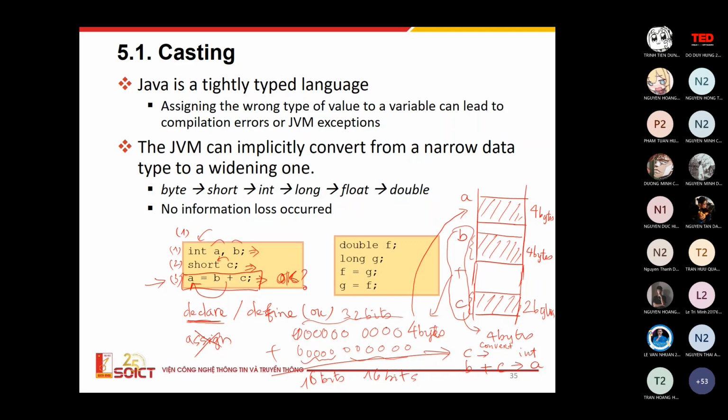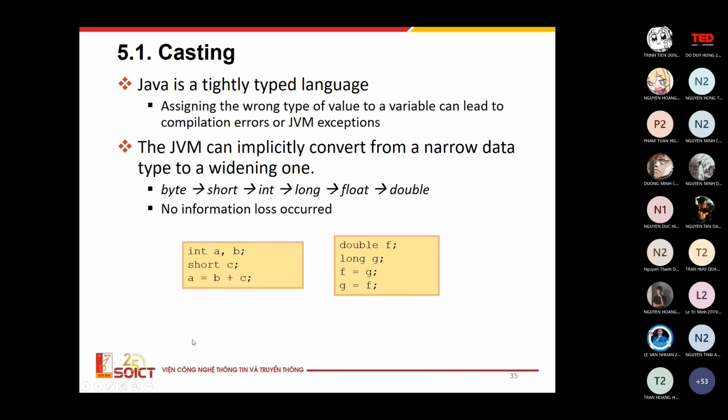That means in this command, you don't see the conversion, but in fact, the JVM needs to convert C into INT before making the addition.